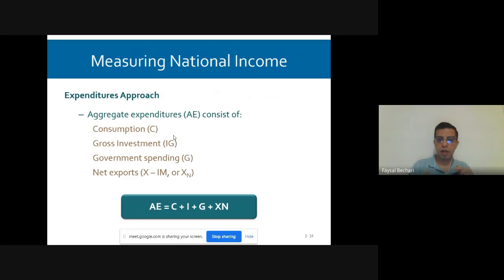So the aggregate expenditures are equal to consumption, plus gross investment, which is investment outside and investment inside, plus government spending, plus the net export, which is export minus import.